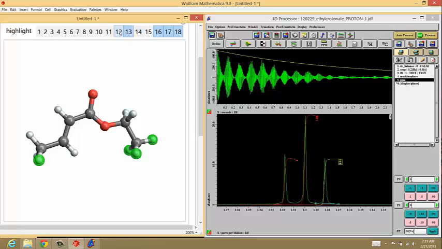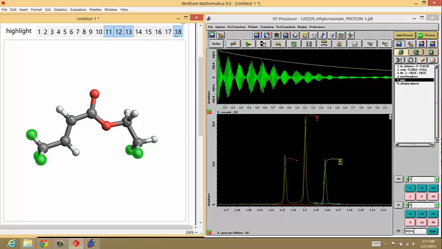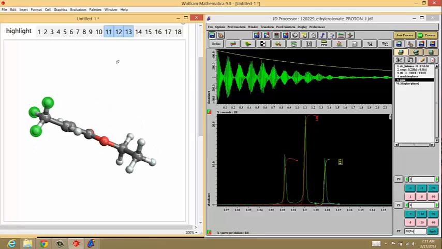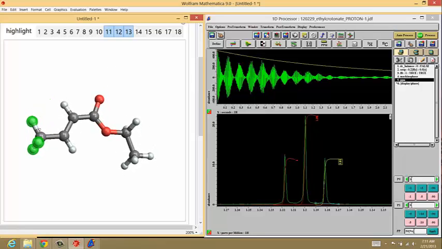Therefore, for the one at the other end, we can actually make a prediction here. If there's only one nearest neighbor, then we can predict what the shape of this set of peaks should be. One neighbor plus 1, we should see a doublet here.